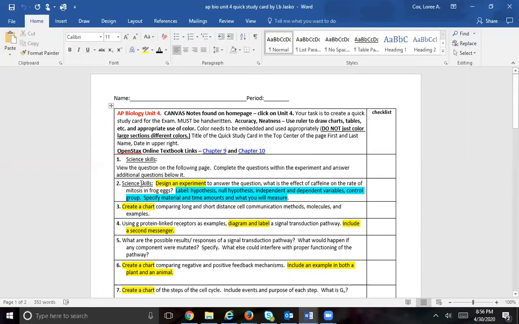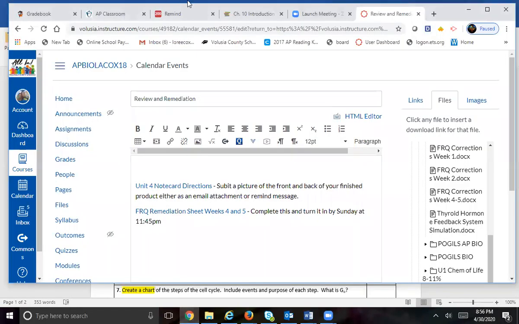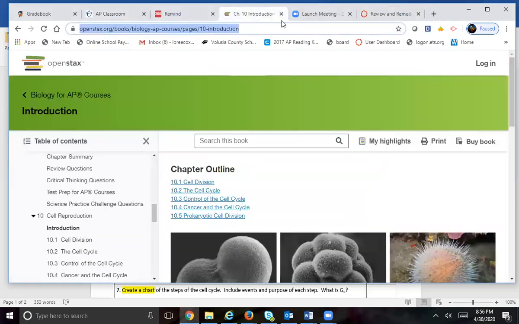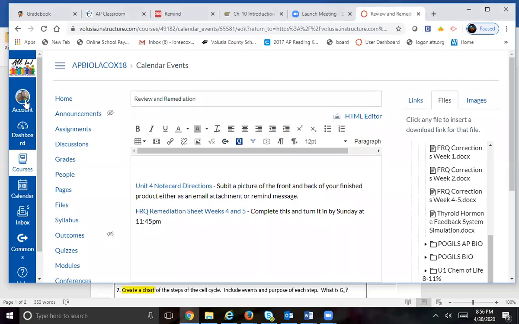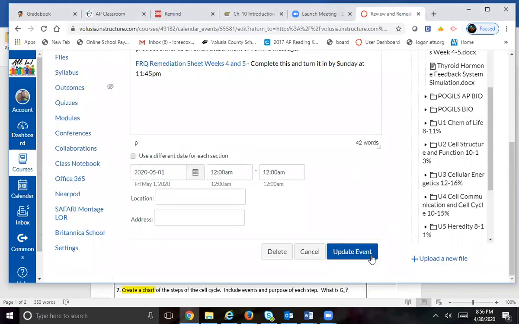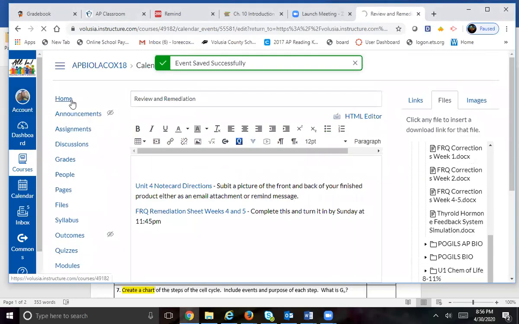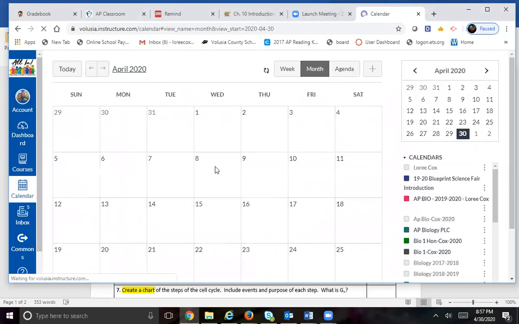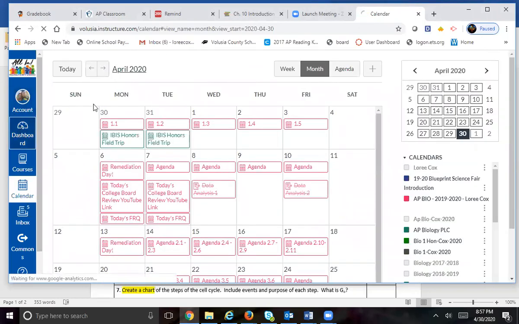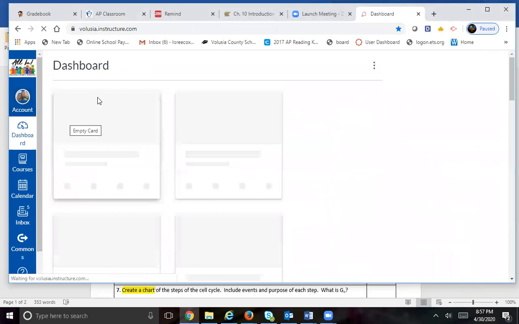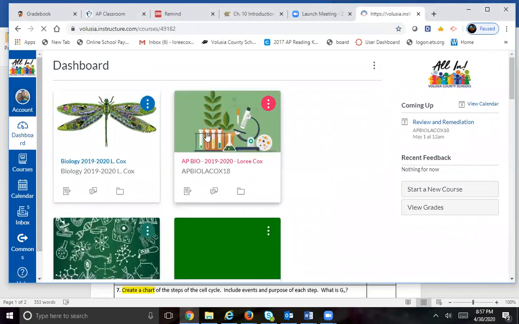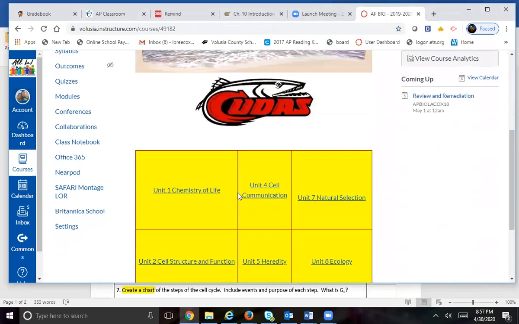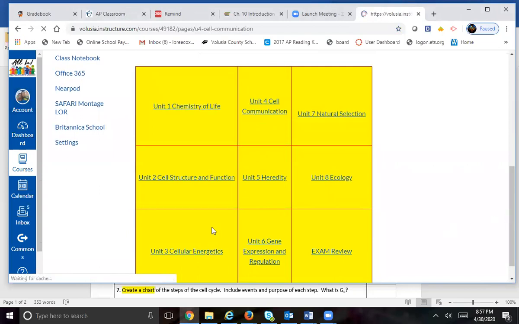If you click on the home page in Canvas for my class, you can go right to Unit 4, and all the notes are in there.